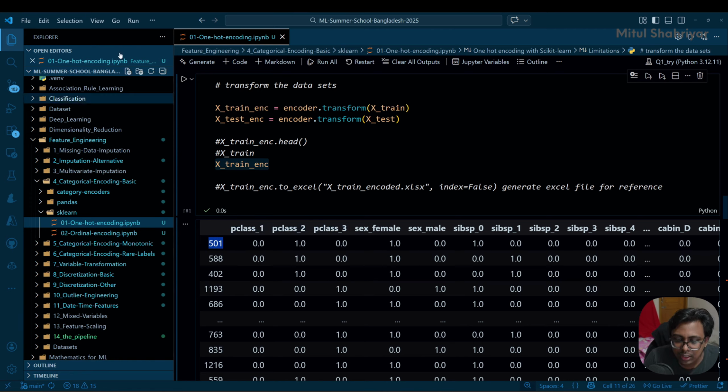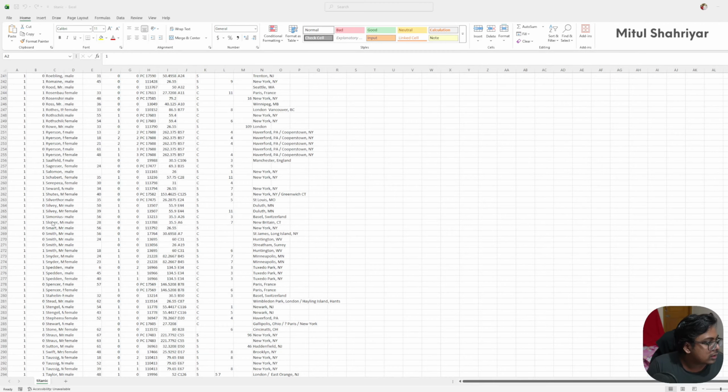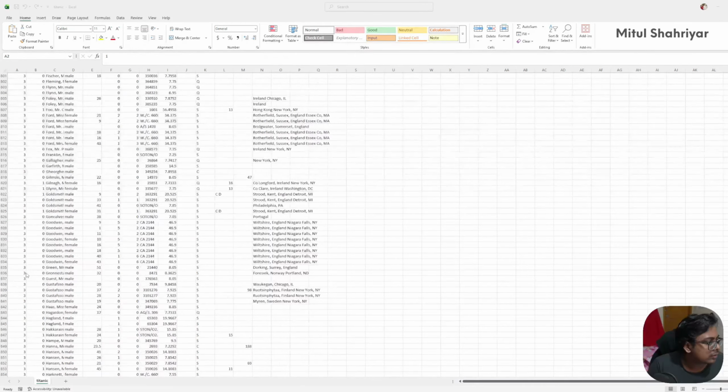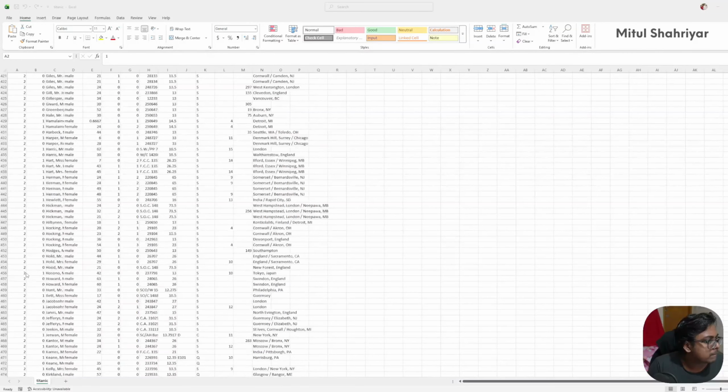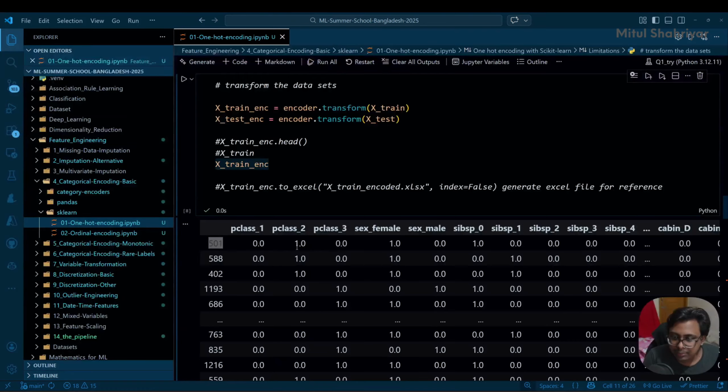If you look into 501, let's see what was assigned here. For 501, it's 2. For 2, we have 0, 1, 0 assigned. For 588, again I believe it should be 2, so 0, 1, 0. Right, great, no problem. So for 1, 2, 3, these three columns were generated.